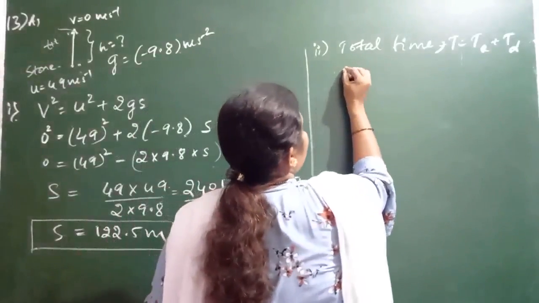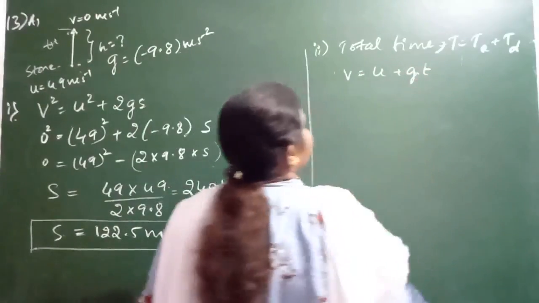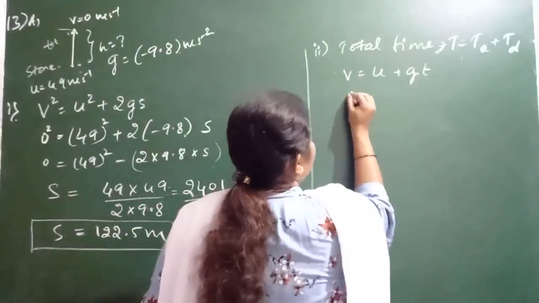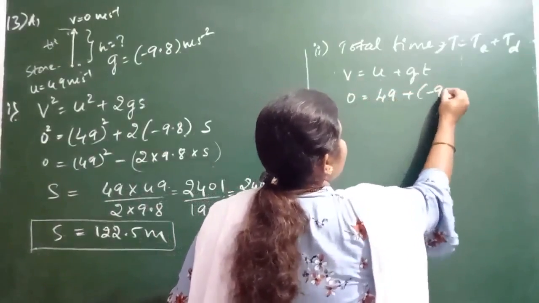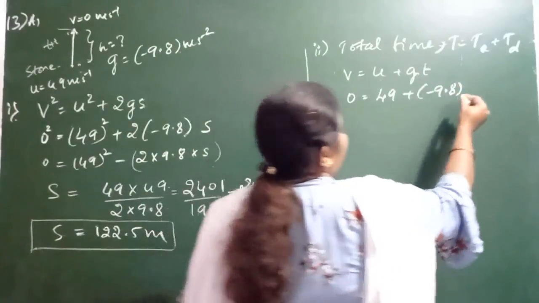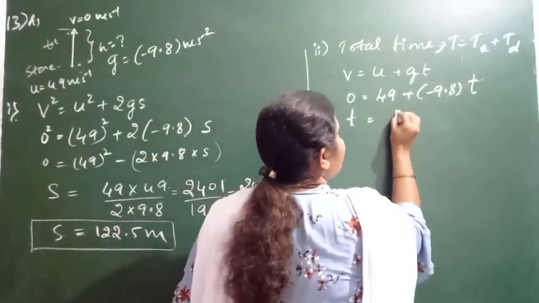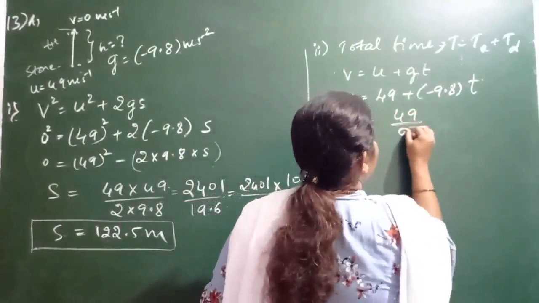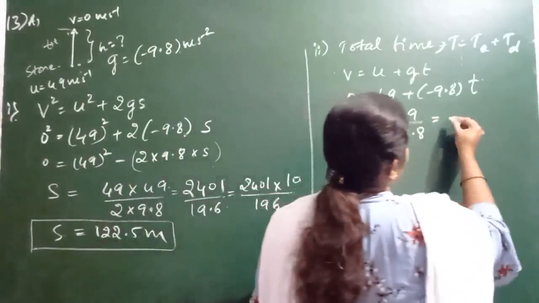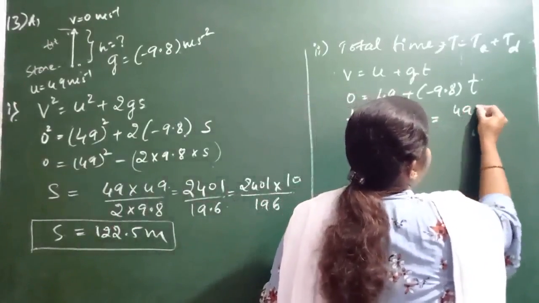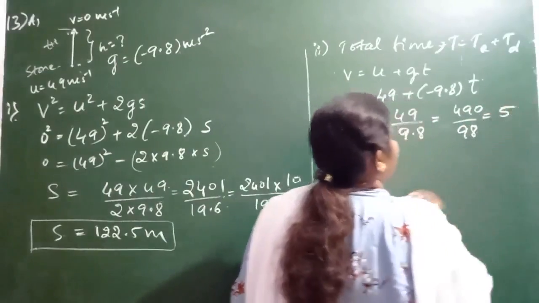So, let us use the formula V is equal to U plus AT, nothing but GT here. What is the V value? 0. Then 49 plus minus 9.8 into T. If it goes to this side, it changes its sign, so 49 divided by 9.8, which is equal to, what is that, children? 490 divided by 98, which is nothing but 5.